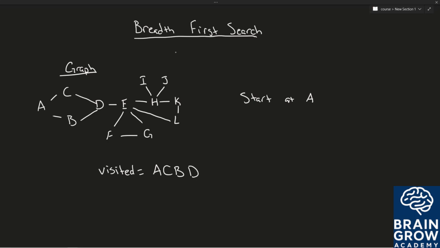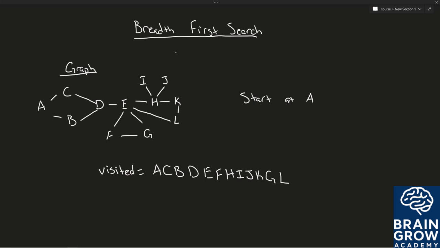D can only go to E. And now E can go to F. E can go to H. H can go to I. H can go to J, and H can go to K. So we got I, J, and K. Also at E, we have G, and lastly, we have L.